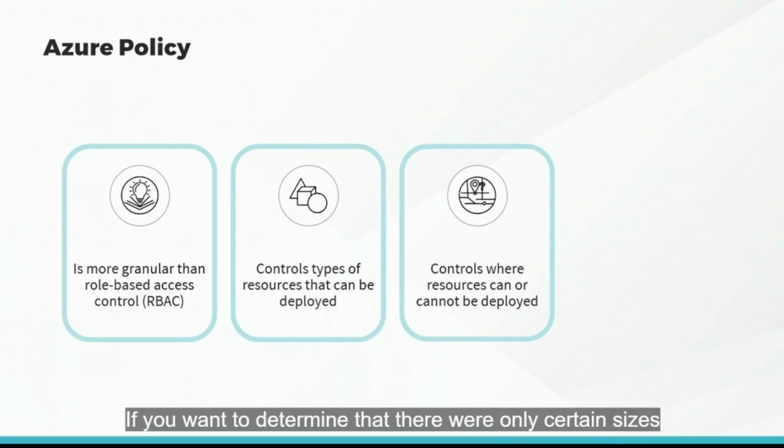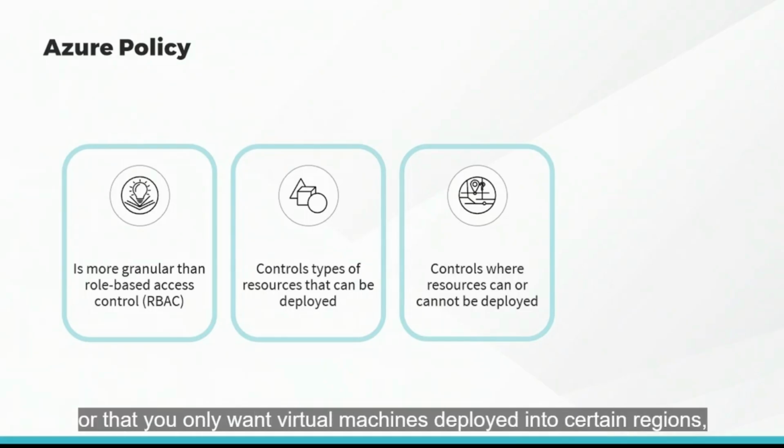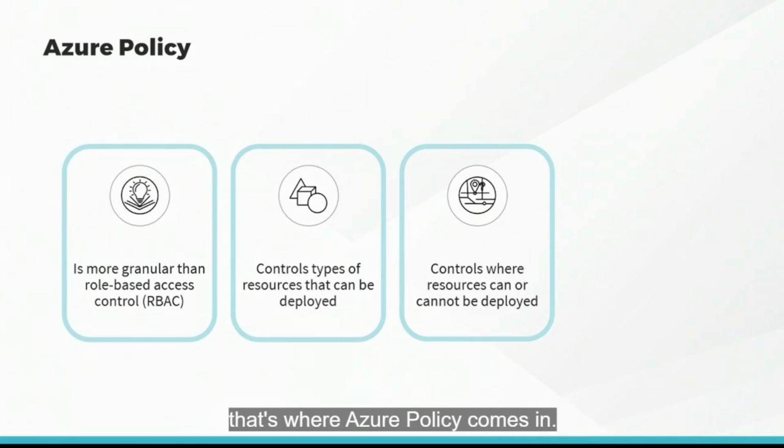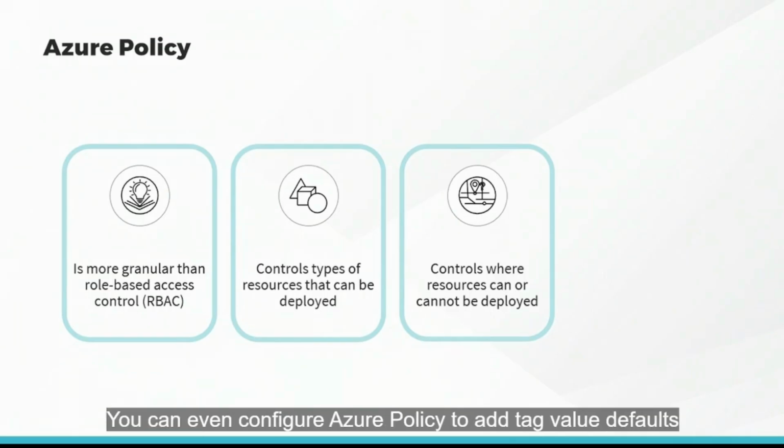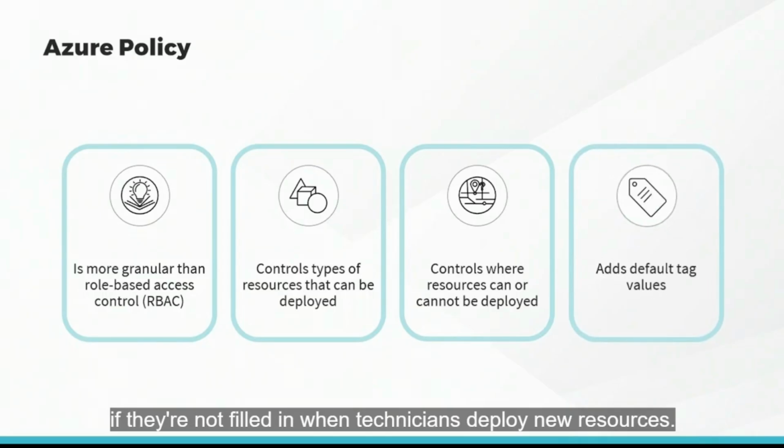If you want to determine that there are only certain sizes for virtual machines that are allowed to be used, or that you only want virtual machines deployed into certain regions, that's where Azure Policy comes in. So far, we've got compliance and resource control when those resources are deployed. You can even configure Azure Policy to add tag value defaults if they're not filled in when technicians deploy new resources.